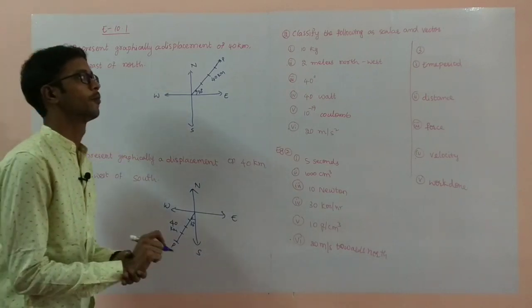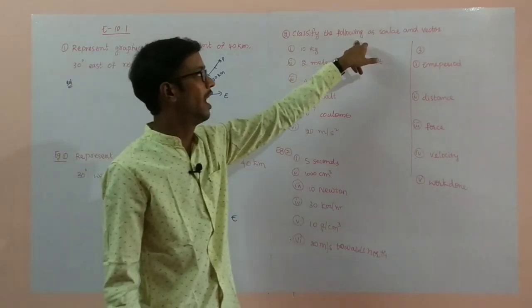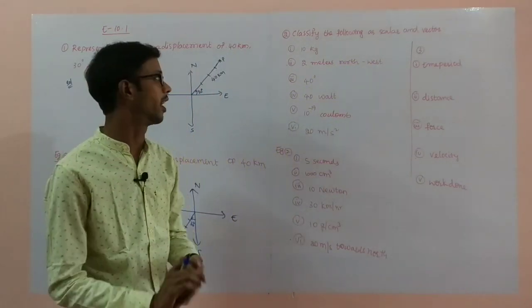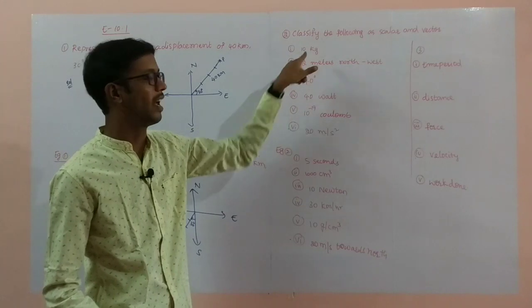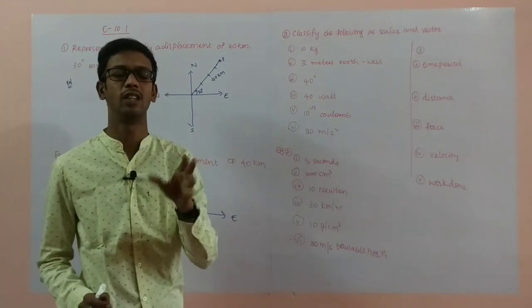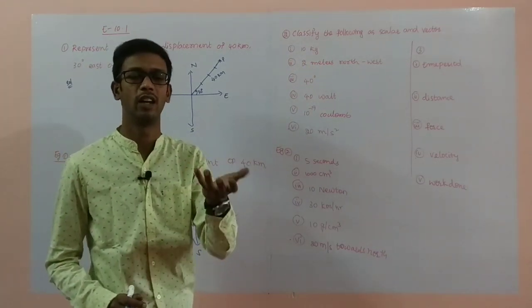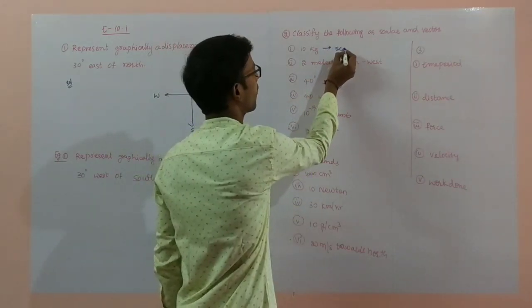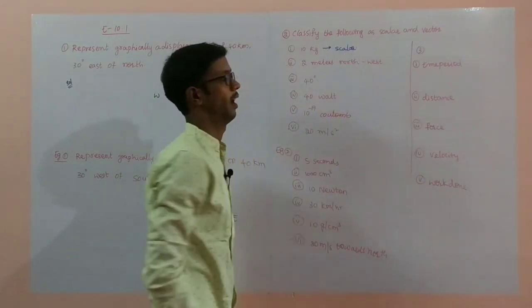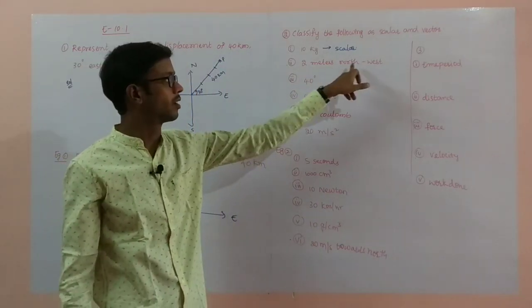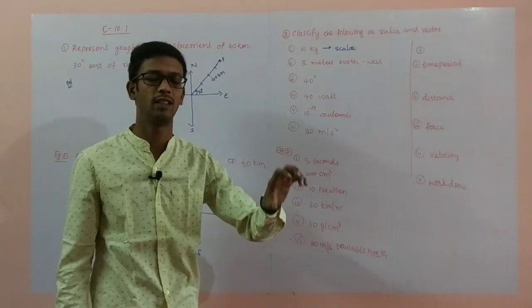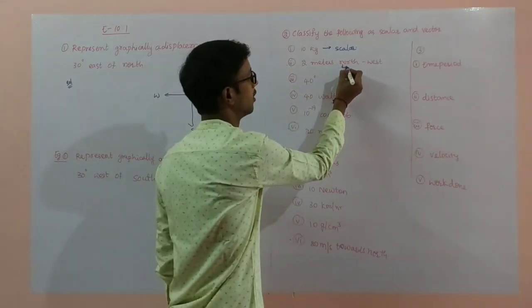Next, classify the following as scalar and vector. Which is scalar, which is vector. Now you take here 10 kg. 10 kg is only weight, there is no direction, so it is a scalar. 2 meters northwest: quantity is there and direction is there, so this is a vector.